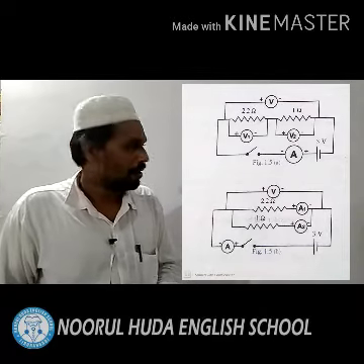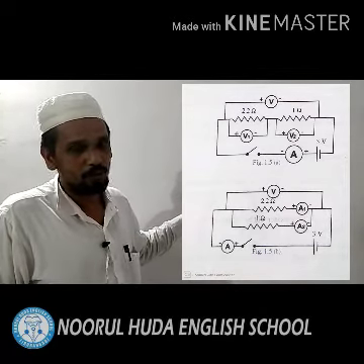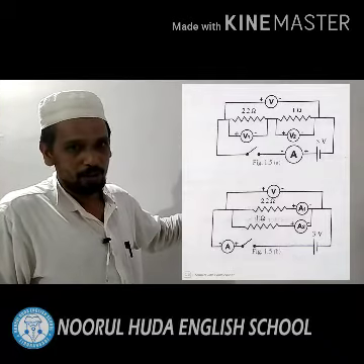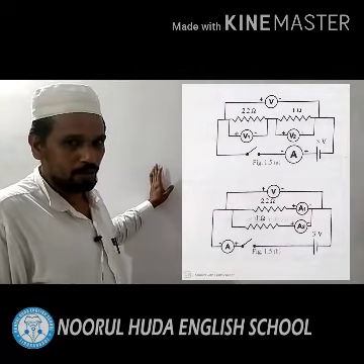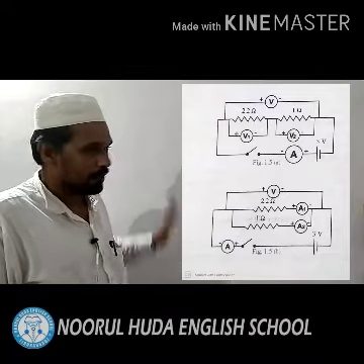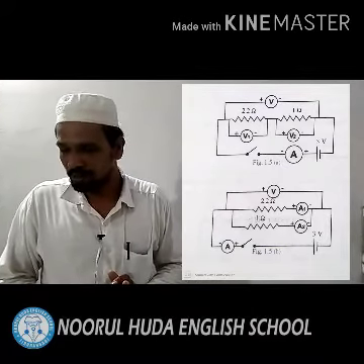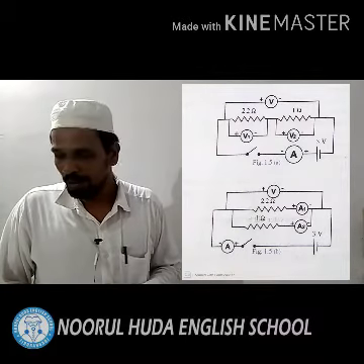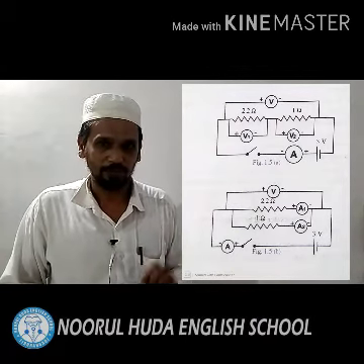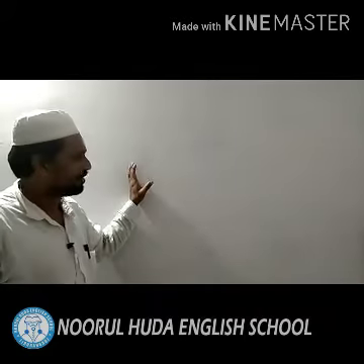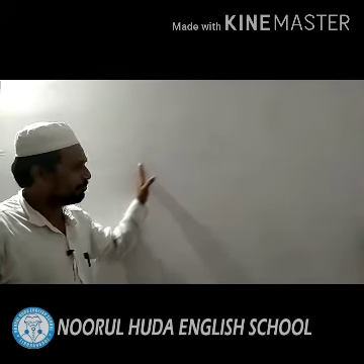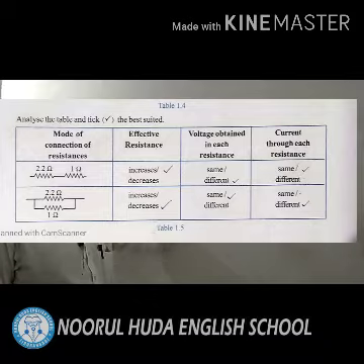Based on this, we can complete one table that is given on the board. What happened to the resistance, what happened to the voltage, and what happened to the current in the circuit? Observe the figure. The mode of the connection is given.